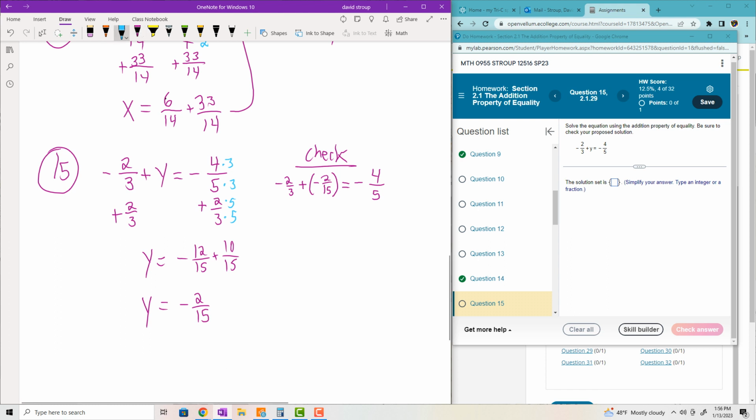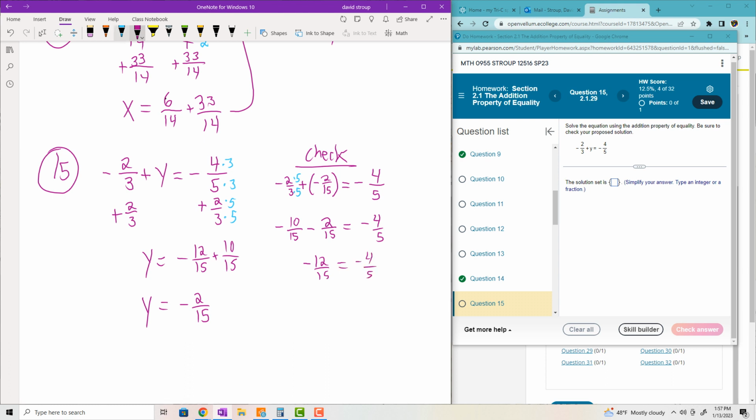So on the left, I need a common denominator, so I need a 5 in top and bottom there. So it'll be negative 10/15. Plus minus is a minus. You're just subtracting 2/15 equals negative 4/5. So that would be negative 12/15 equals negative 4/5.